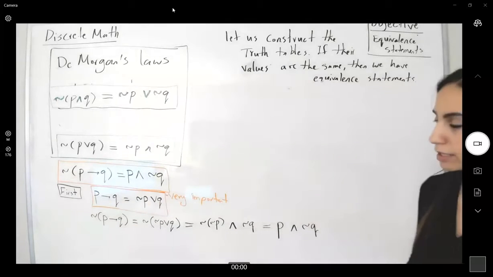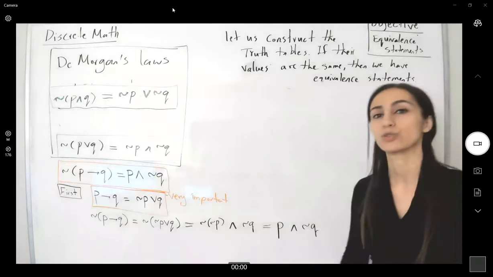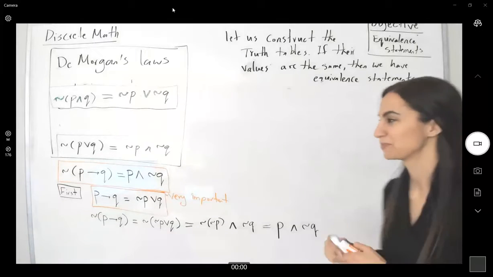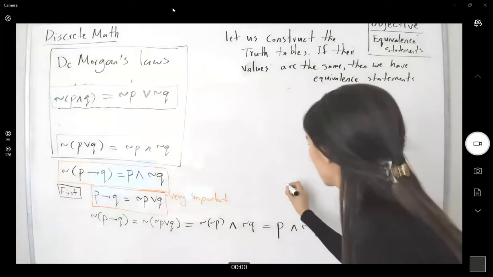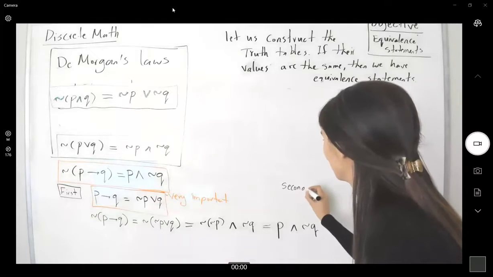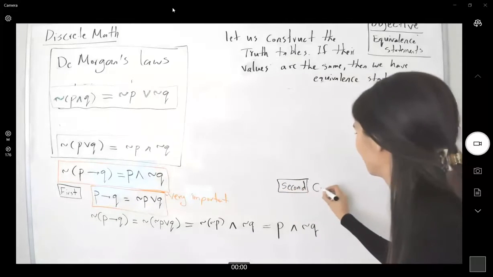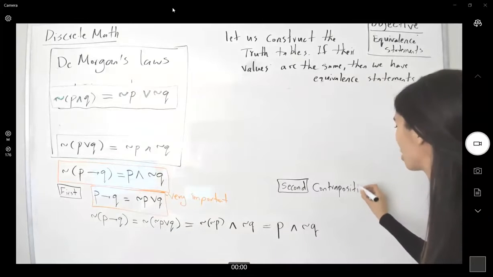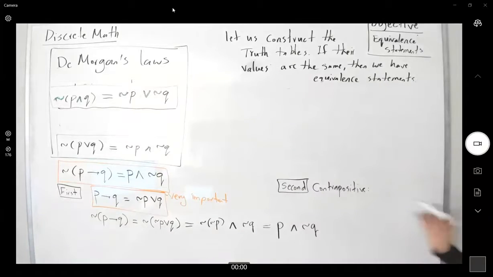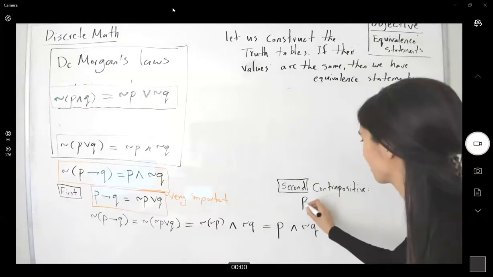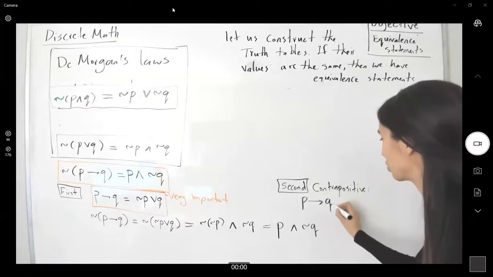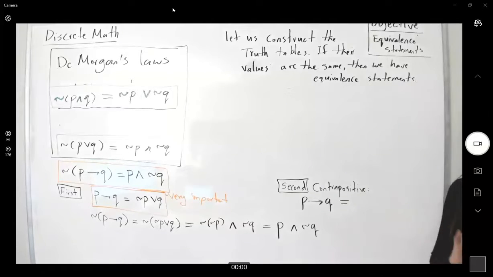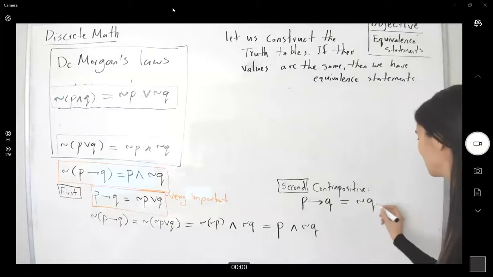The second one is using the contrapositive. It says P then Q is the same as not Q then not P.